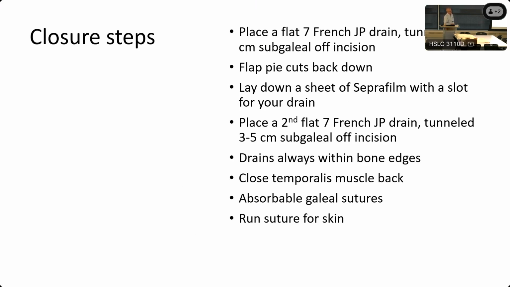The drains always have to be within bone edges. If you're placing drains past your bone edges, you can get in the brain really easily because you're not able to directly visualize that. I close the temporalis muscle back, absorbable galeal sutures, and I run suture for skin.